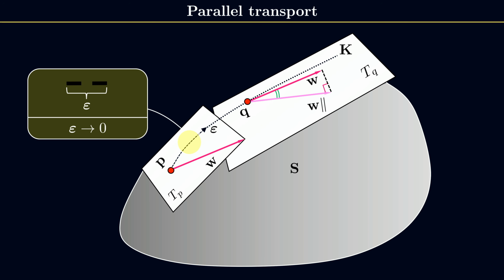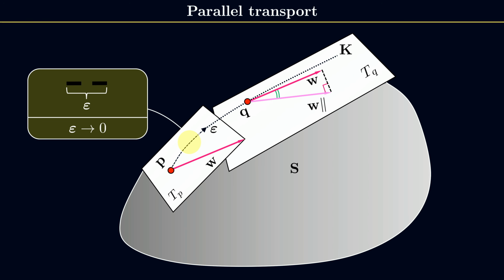However, this method cannot be applied to the entire curve at once. If we transport the vector parallel to itself directly from the starting point to the ending point, and then perform only a single projection, the result, generally speaking, will not correspond to true parallel transport. The reason is that the tangent plane changes continuously along the surface. Therefore, the curve K is divided into a large number of small segments of length epsilon.